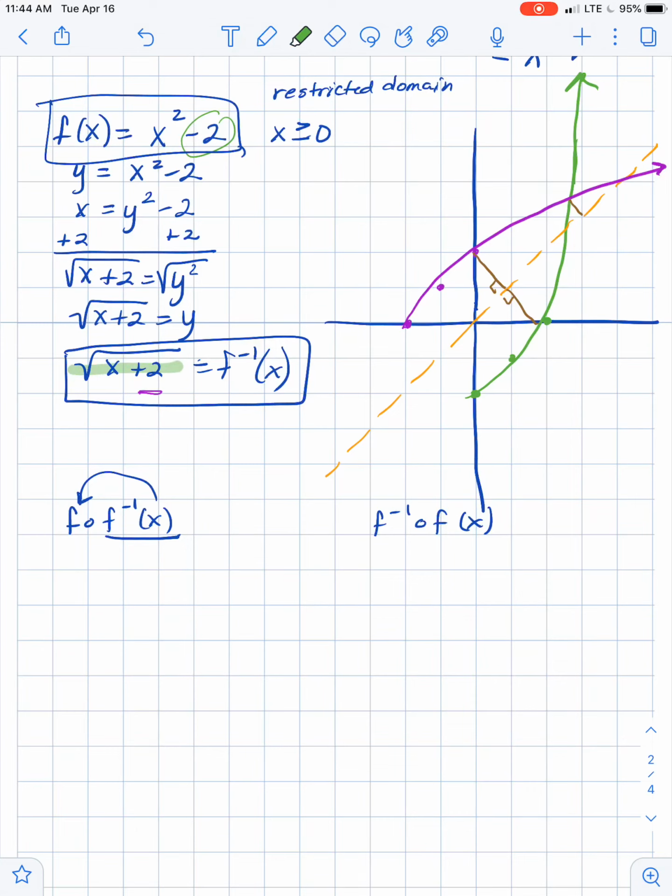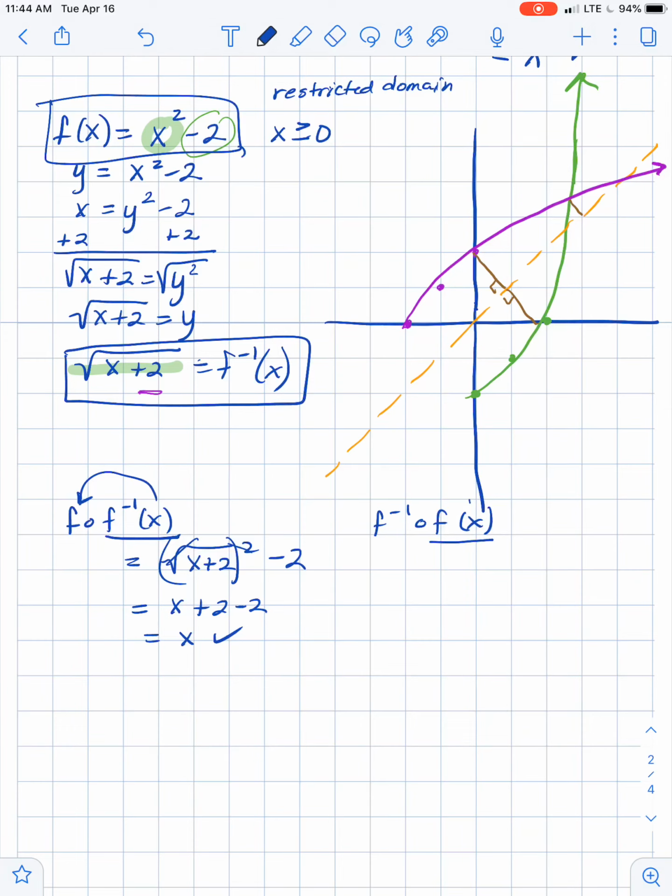I'm taking my f inverse and I'm putting it into my x. So I'm going to come down here because I didn't leave quite enough room. But the square root of x plus 2 squared minus 2, which those will cancel. So I've got x plus 2 minus 2, which is just x, so that one works.